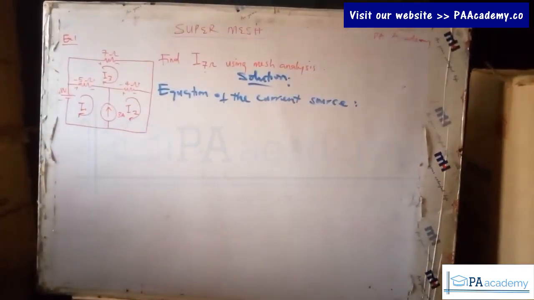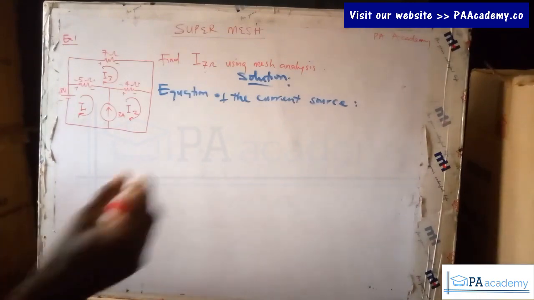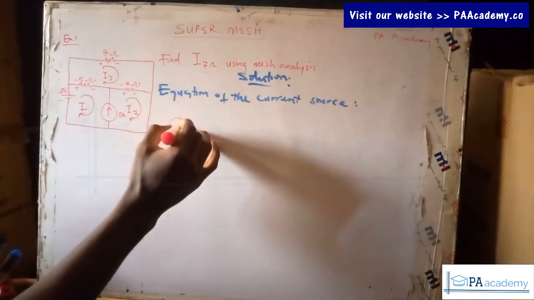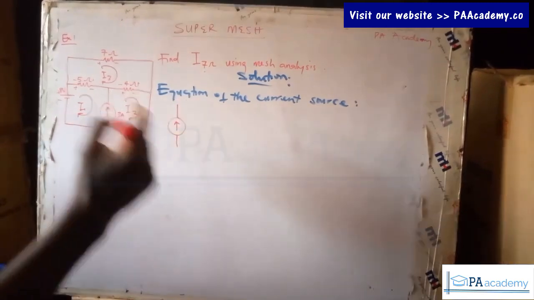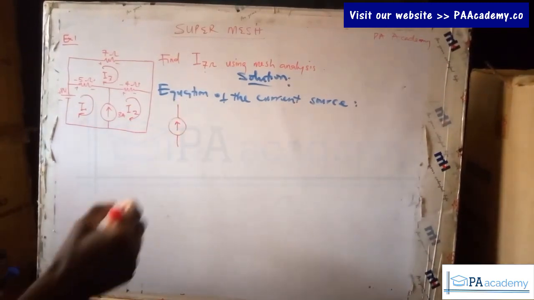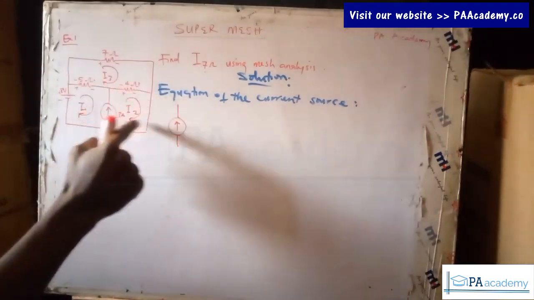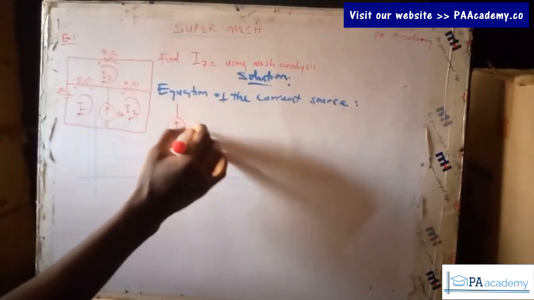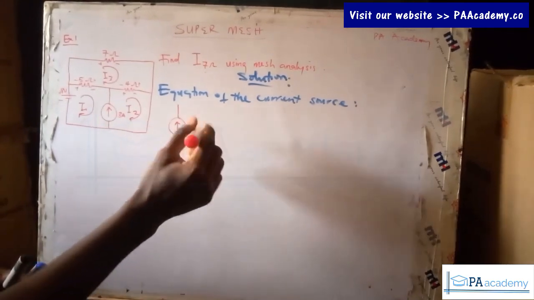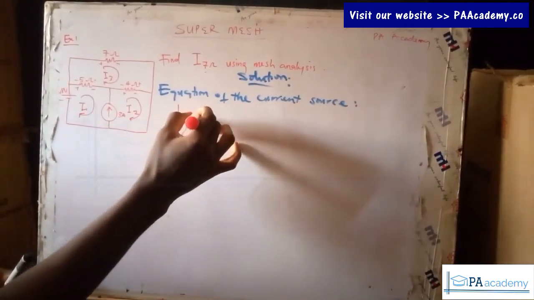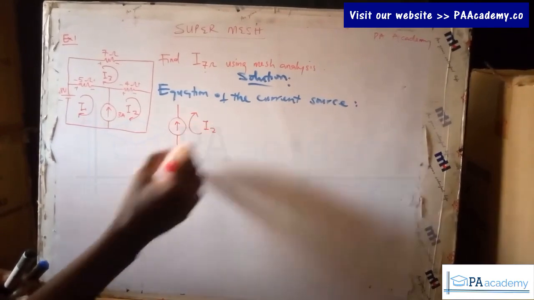So now let me draw that out. So this is what we are having. This is our current source. Now we have 2 currents flowing through it. We have I2 flowing in this direction, so it's going like this, and this is I2.